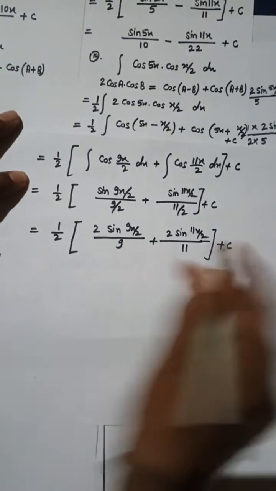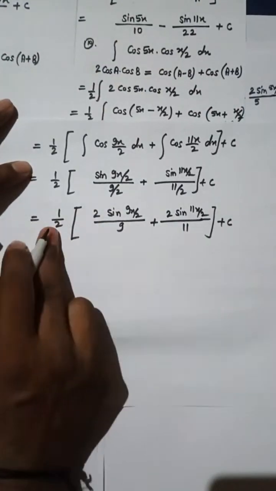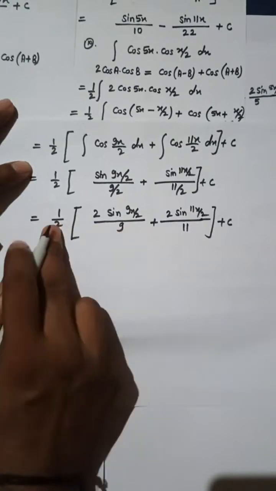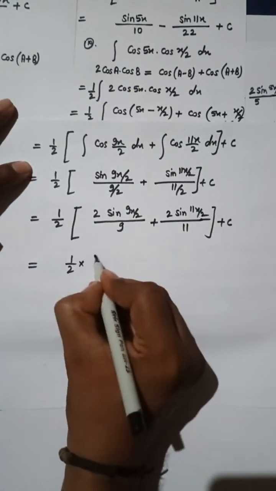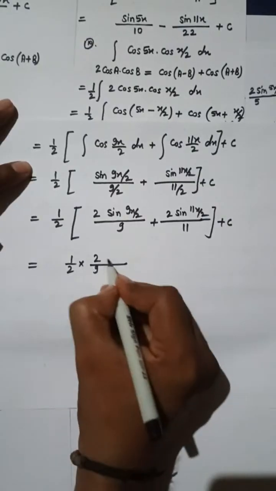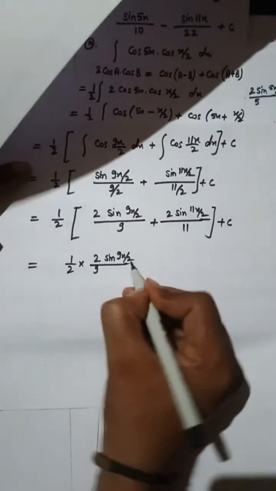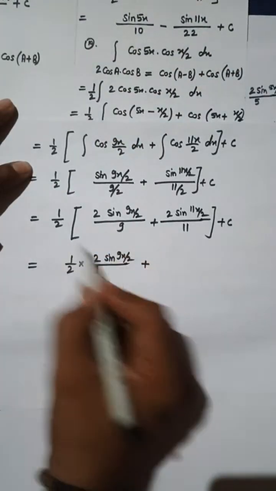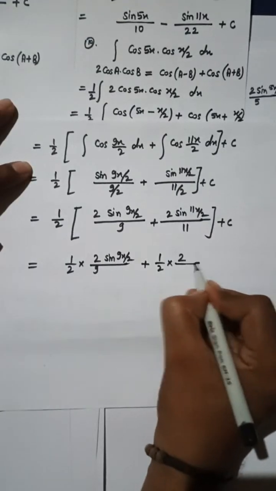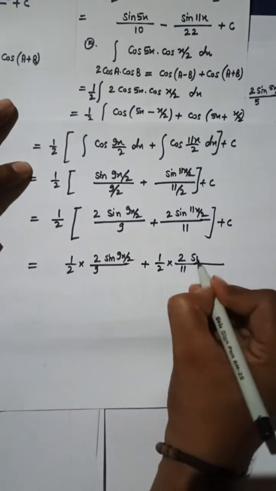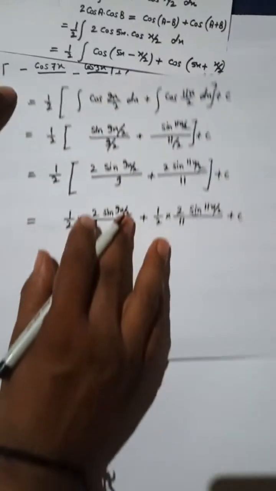plus c. One step we need: we need to multiply 1 by 2 with this and 1 by 2 with this term. So here 1 by 2, that is 2 by 9, is going to multiply sine 9x by 2, plus 1 by 2 is going to multiply here, so 2 by 11 we have sine 11x by 2 plus c.